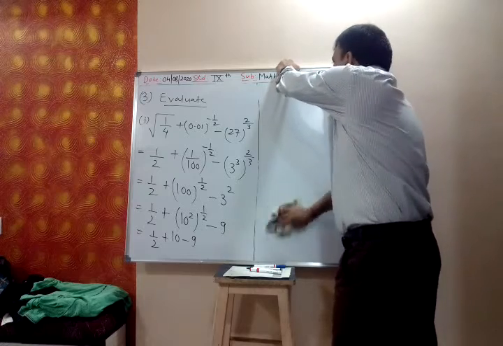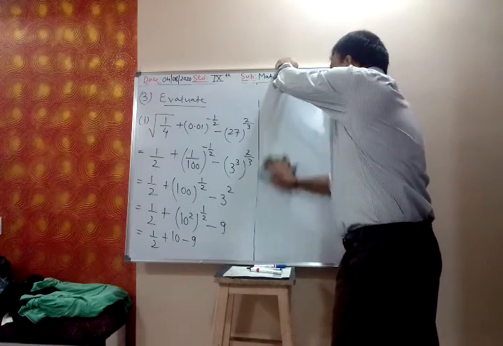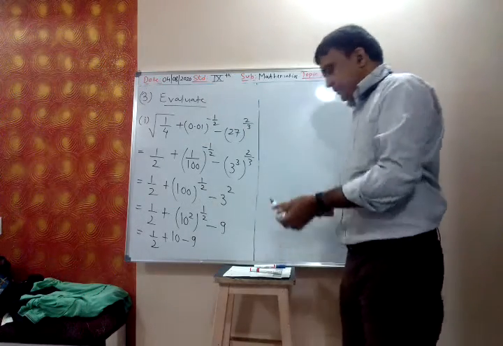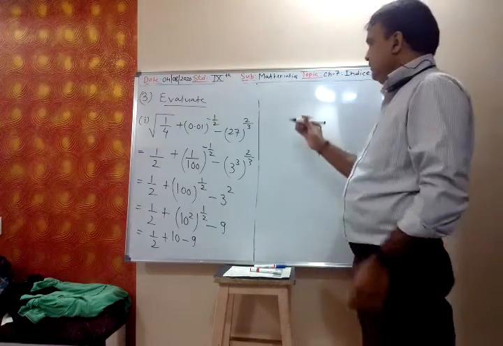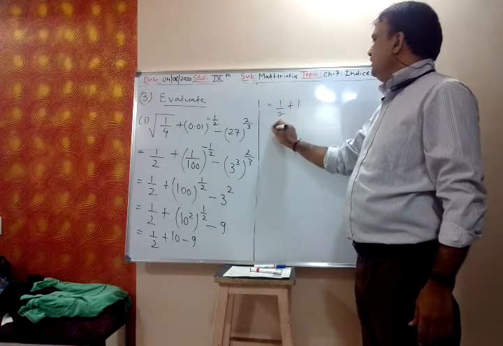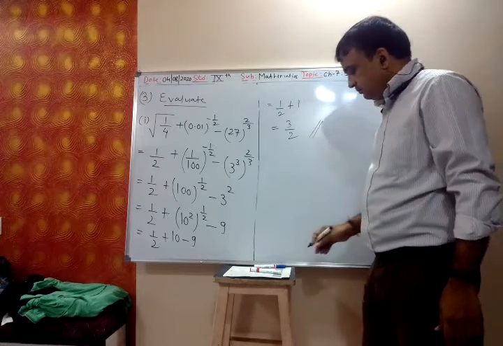You can also write this as a fraction 1 and 1 by 2. So that is half plus 10 minus 9 is 1, and that is 3 by 2. This is the answer.